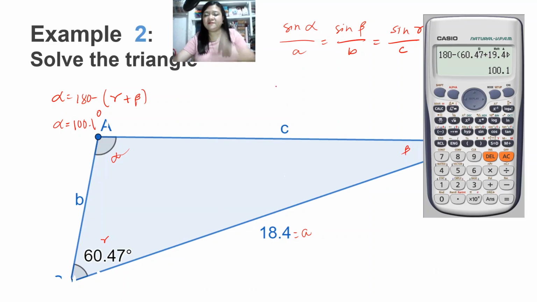Okay, so sine alpha is sine 100.1 degrees, all over A, which is 18.4.